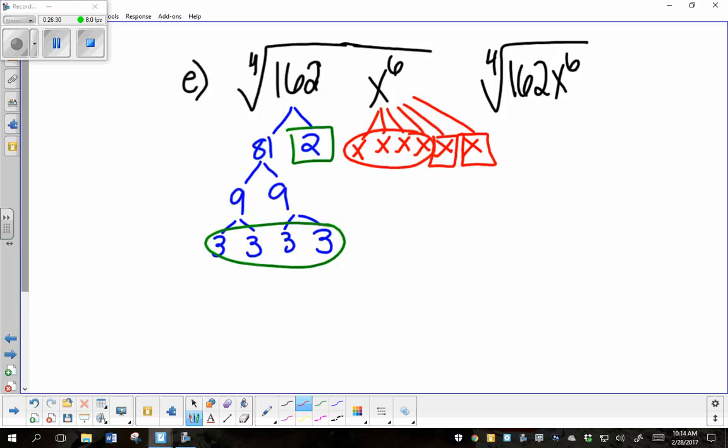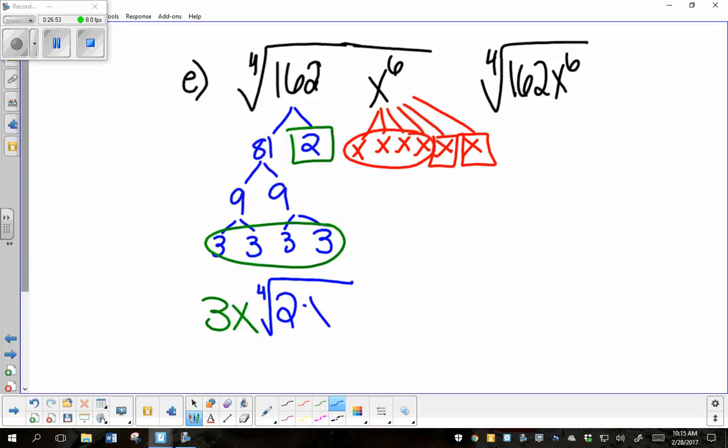So now let's see who gets to come outside. 3 gets to come out. X gets to come out. On the inside, what kind of root is this? A square root? A 4th root. On the inside, the 2 had to stay inside, and x times another x.